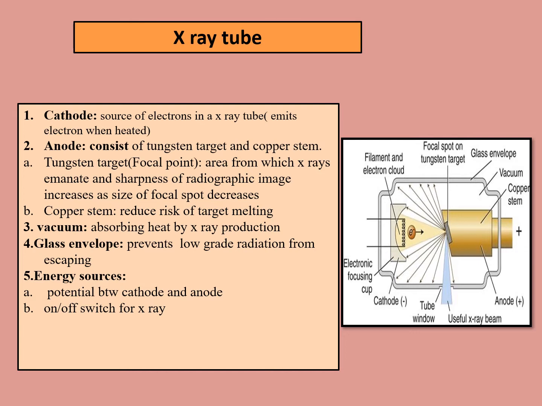Then we have the focusing cup enclosing your cathode or tungsten filament, so the electrons can travel in a straight direction. And you can see this is the tube window out of which the X-rays come out. Now the energy sources are the potential between the cathode and the anode, which is the kVp, and second is the on and off switch for the X-ray, the current switch.